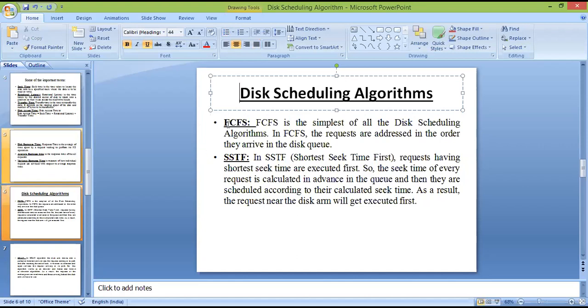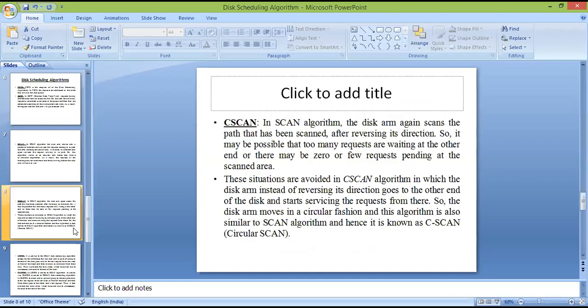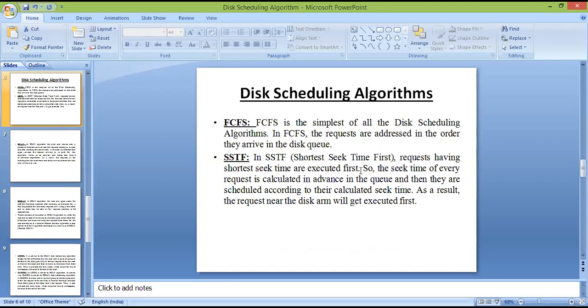Among the job queue residing at the disk controller, as requests arrive, they are picked for execution. That type of algorithm is known as FCFS, first come first serve.